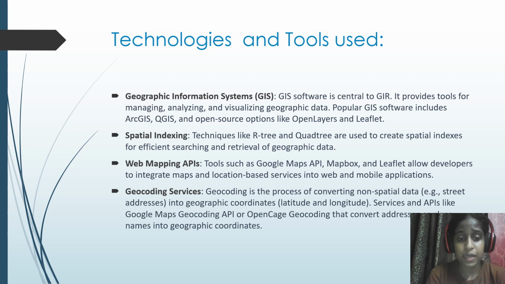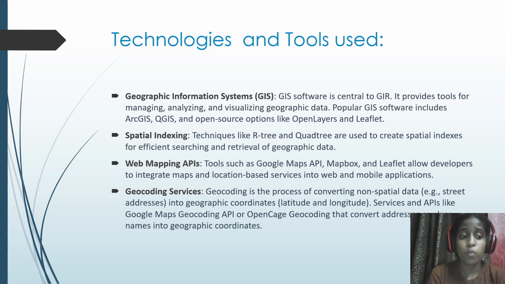Services and APIs like Google Maps geocoding API or OpenCage geocoding convert the address, name, or location into geographic coordinates. These are the tools used for geocoding in GIR system. These are the various technologies used in GIR system.